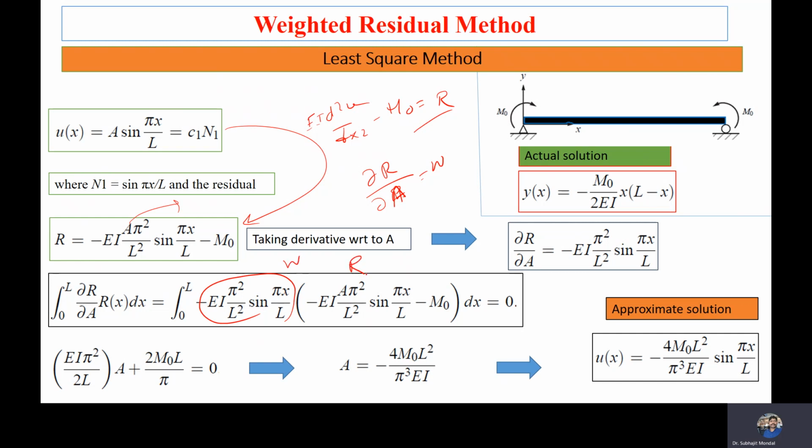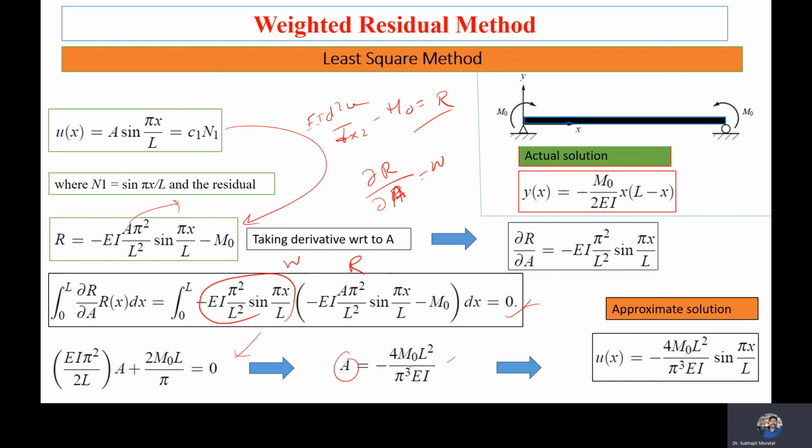The weight function operates with the error R, and we take the integration over it. We try to make the error 0 in the entire domain in an average sense. If you do that, we'll get this equation and we'll get the value of a.